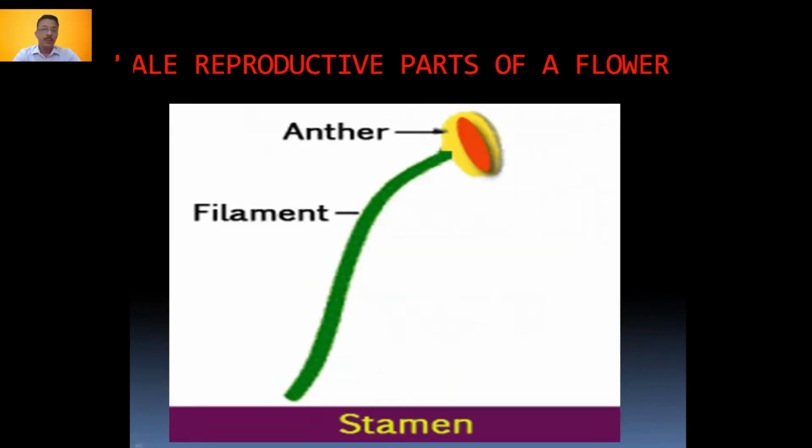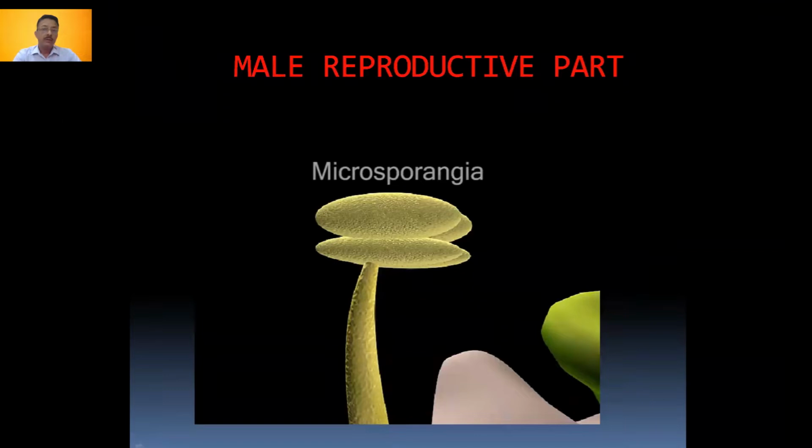What is the male reproductive part of the flower? The male reproductive part of the flower is the stamen, or we call it androecium. There are two parts in the stamen, that is filament and anther. Anther is the main part inside which the production of pollen grains will take place.